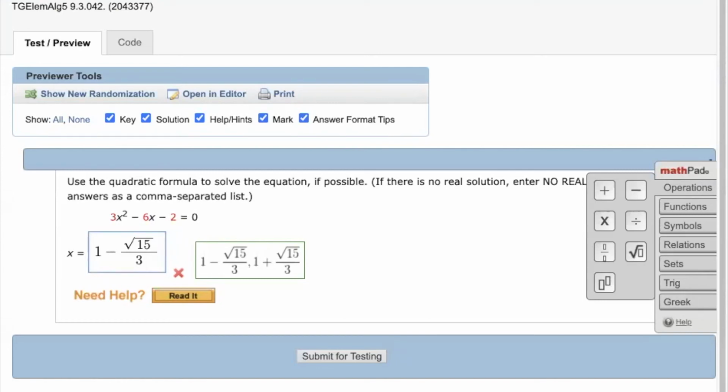So I use the right arrow, then just a comma from the keyboard, and we do the whole thing again, except this time I'm going to do 1 plus, and then again, I grab my fraction symbol, my square root, and then radical 15, and then over 3. And then I could actually submit it.